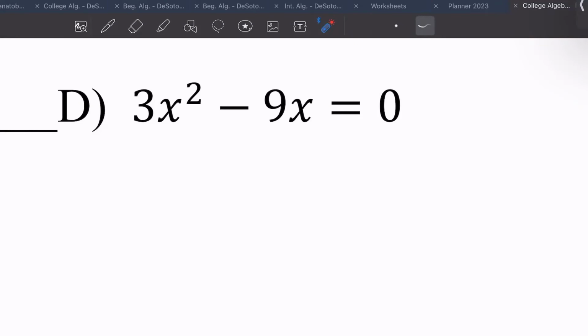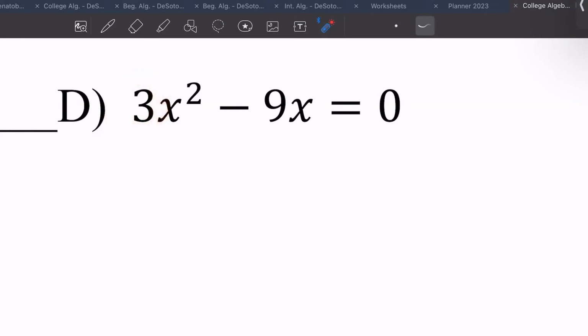Our only 2 strategies are difference of squares and sum and difference of cubes. This is neither one. We don't have a cube term at all. And with squares, first of all, our numbers need to be ones that we can take the square root of and get a number.